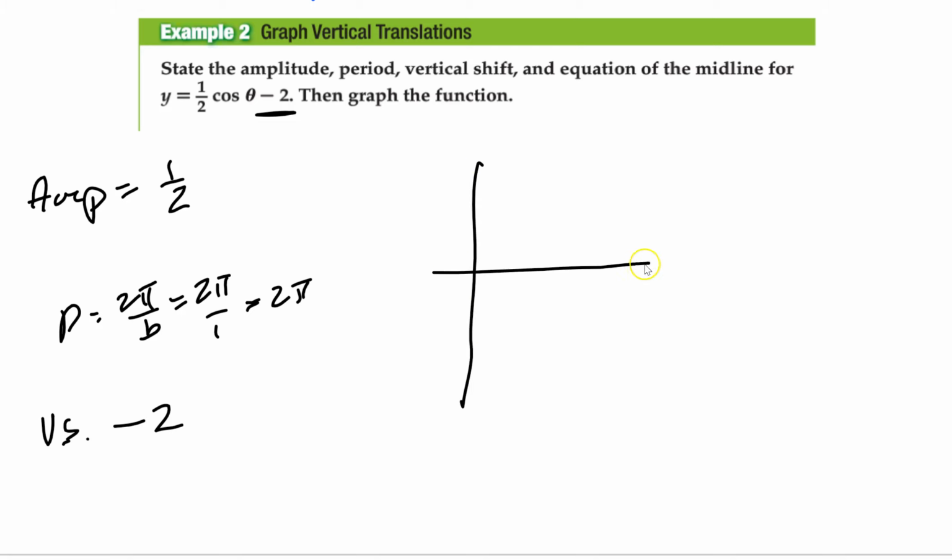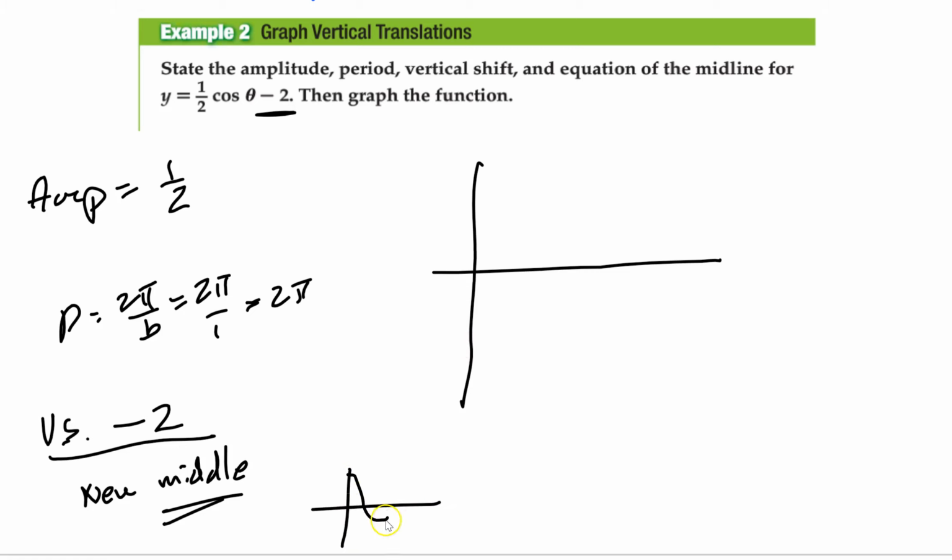So fairly similar to a phase shift, how you move left and right. In this case, what this vertical shift is, it's your new middle, or as your book calls it, new midline. It's not the middle. So like when we're graphing a cosine graph, that's the middle. That's going to be our new thing here. So -2, go down there.